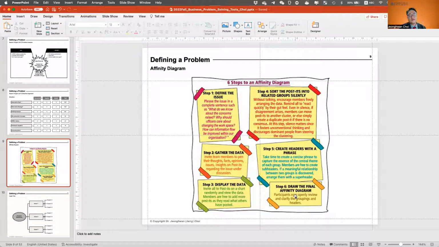This is a group decision-making process, called the affinity diagram. It is a really nice facilitation technique to make agreement among people and draw brains together to bring collective solutions. This is the defining problem technique.